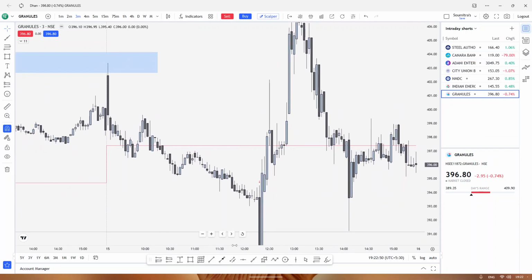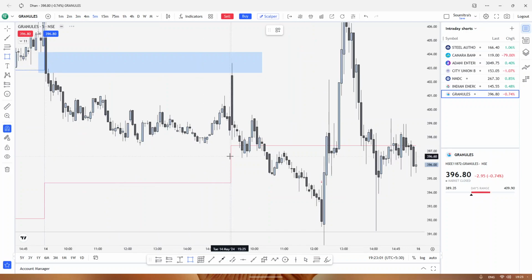this type of area where we find some kind of fair value gaps. I think in 5 minutes time frame, maybe. I think this was a fair value gap, first one.